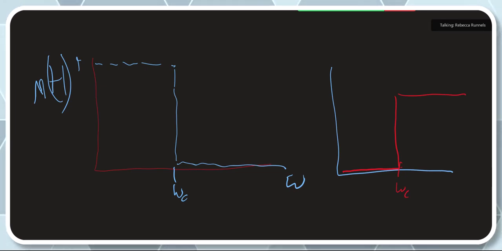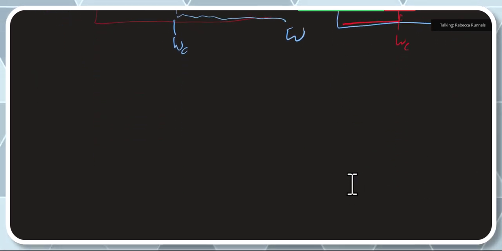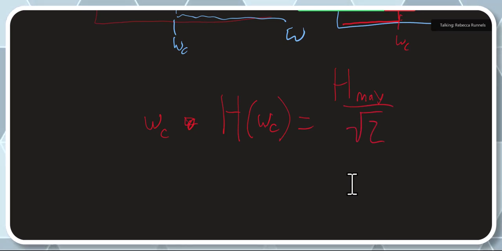Now, your actual filters are not these nice little step functions like that. They're not quite as good. The way it's actually defined is the corner frequency is the frequency at which H of omega c equals H max over the square root of 2.